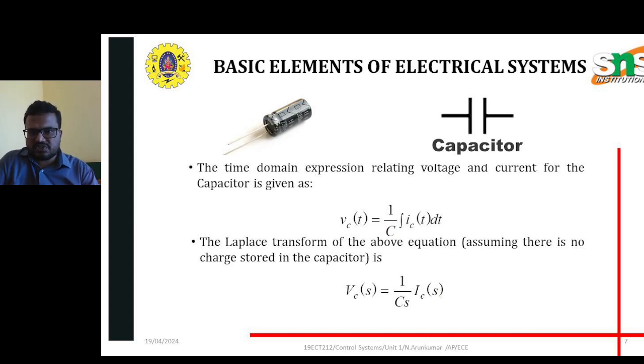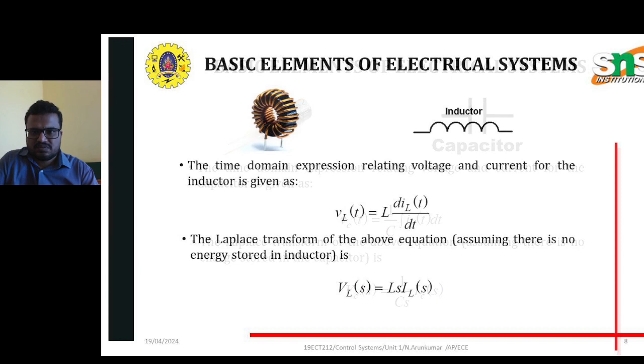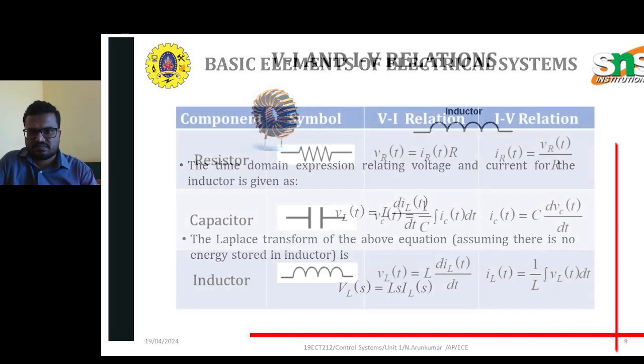For the capacitor, 1 by C, and 1 by Cs times I of s is the form of Laplace transformation. And for the inductance, L is the inductance, L times the differential of i with respect to time. It can be calculated in the form of Laplace transform as L into s times I of s.